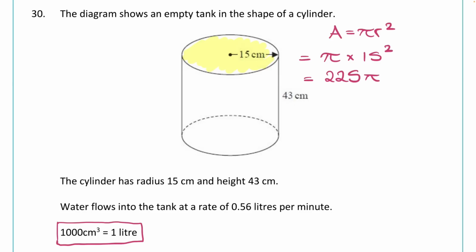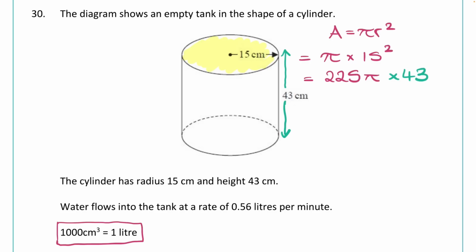To get the volume of the prism, you multiply that cross-sectional area by the distance that it passes through the shape. In this case, it is the height. So we would multiply that by 43. We're going to get quite a large number now.